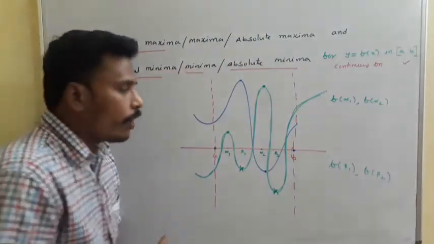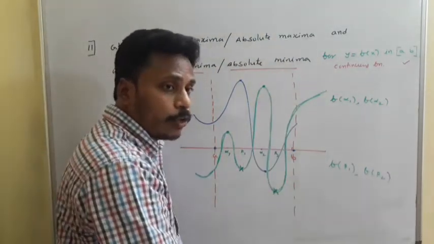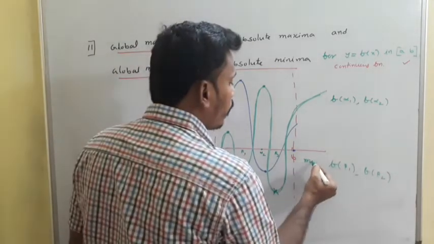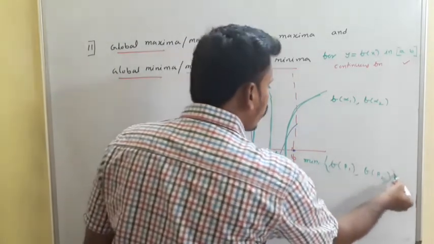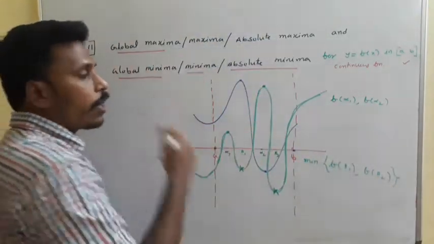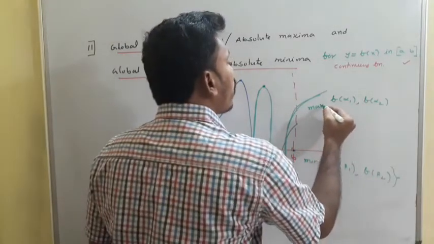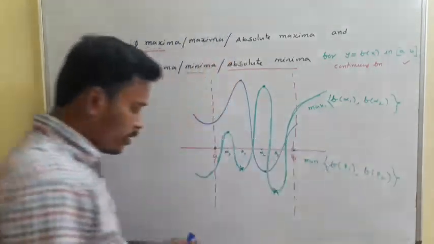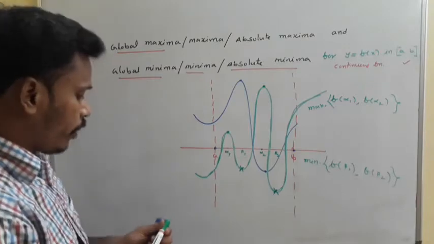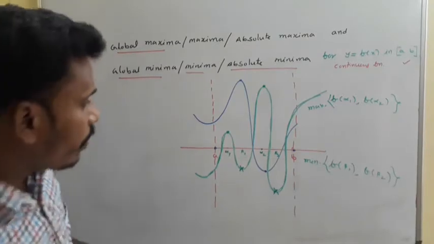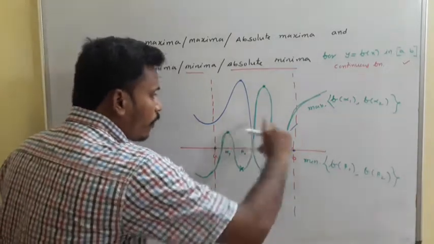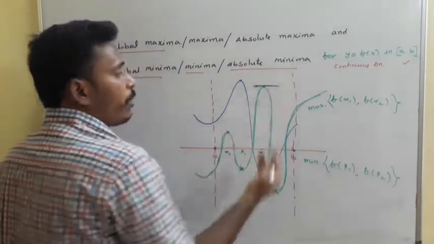Among these, we need to find the minimum value, which corresponds to the global minima. The minimum of the local minima values is the global minimum of the function, whereas the maximum of the local maxima values is the global maxima of the function. For this given problem, at alpha 1 and alpha 2, this is the maximum point.